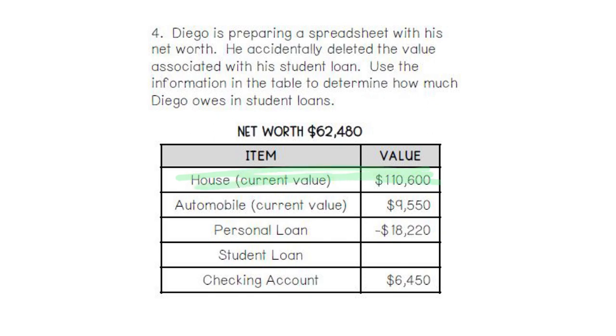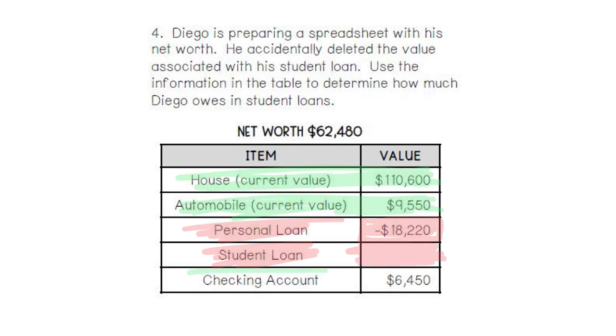House value. Automotive, or his car, current value. Current value, again, is a positive. Personal loan is a negative, and notice it already has a minus sign in front of it. He owes money out. Student loan, again, is going to be money he owes out.